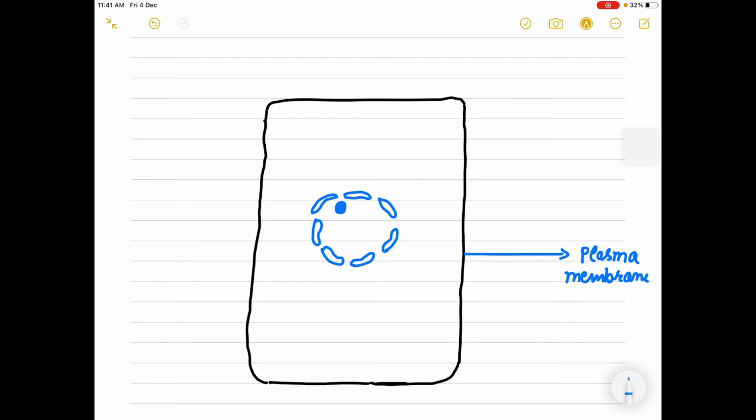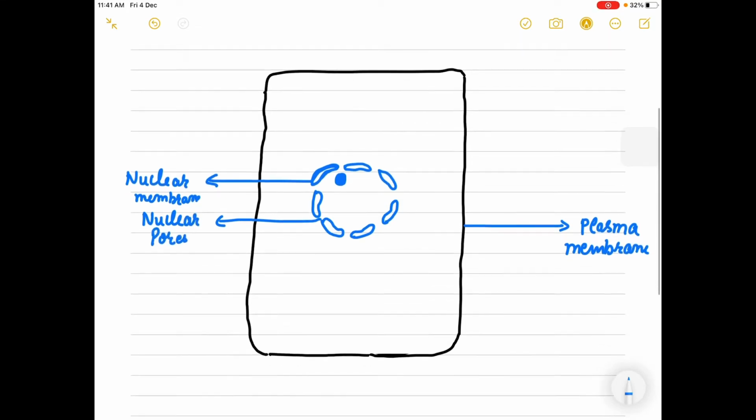So what is this thing which we have drawn here with the pores? This is known as the nuclear membrane, right? And the nuclear membrane has nuclear pores. As you can see the gaps, these are called nuclear pores. Then the nucleus is filled with, what is this? This is nucleoplasm.